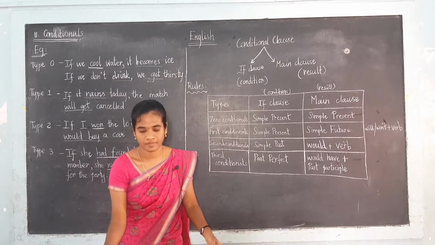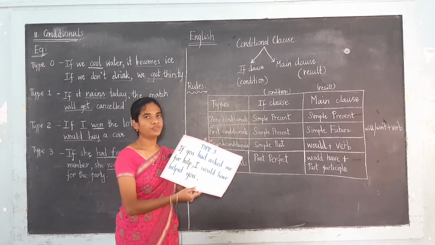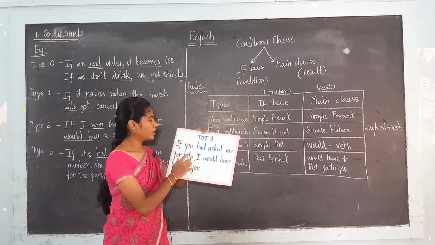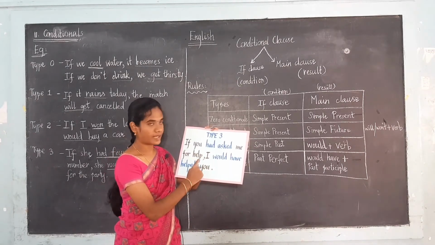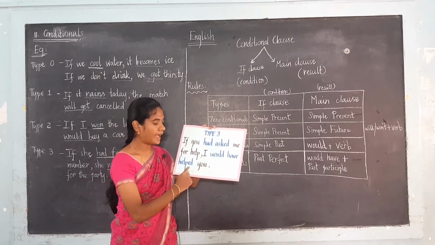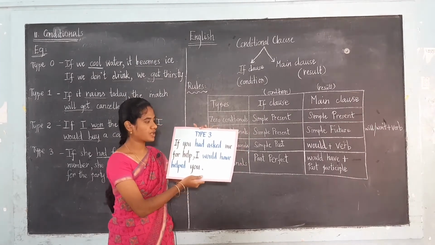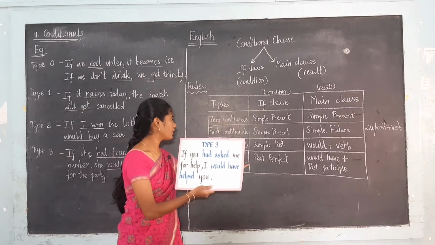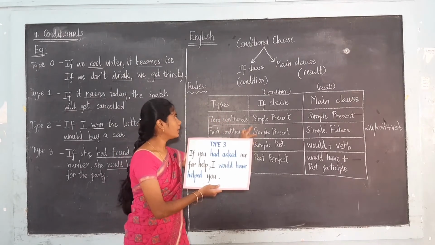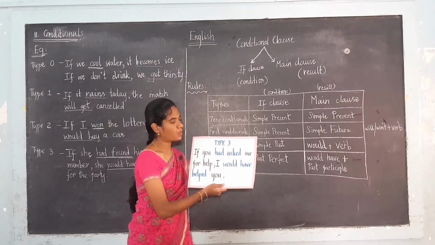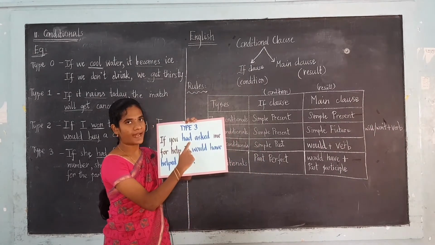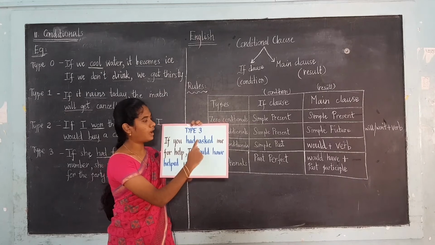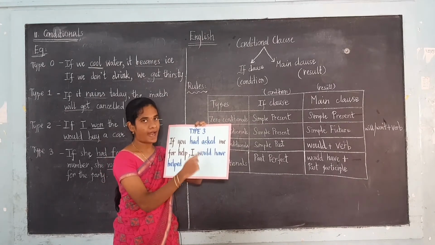And the example of the type 3 is, if you had asked me for help, I would have helped you. See the structure, the if clause should be in the past perfect. So, I have written in the third type, the if clause should be in the past perfect. What is the past perfect here? Had, and what is the structure of past perfect? Had plus V3.